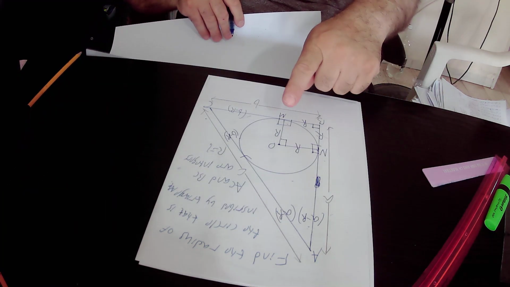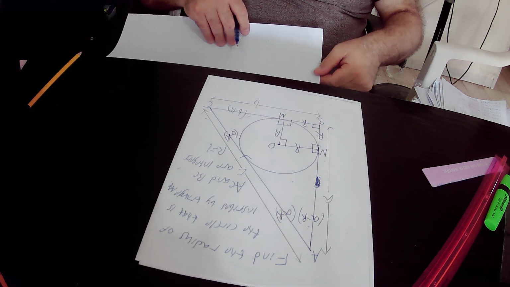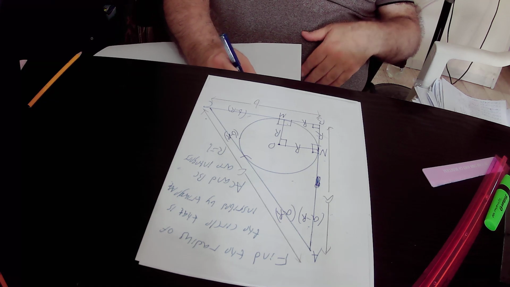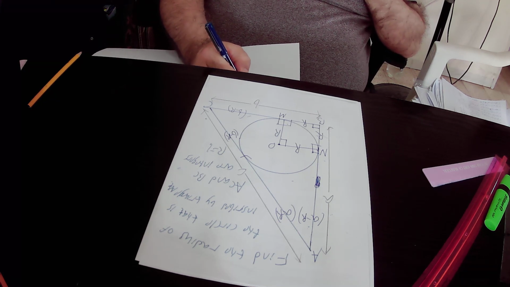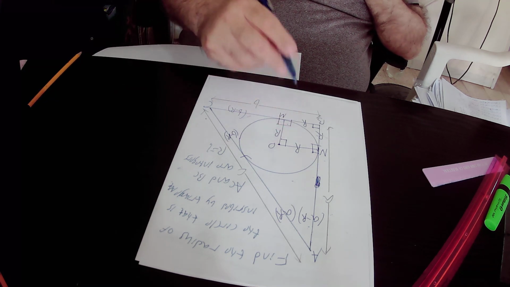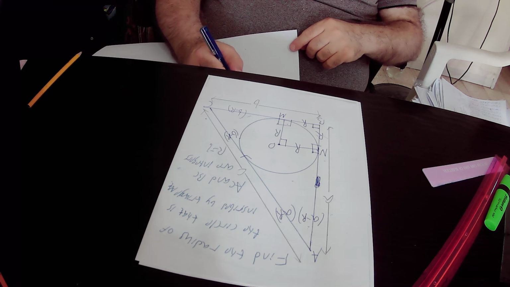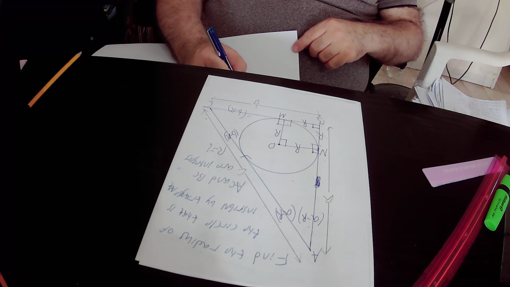According to our definition, AC equals C, so we substitute AC by C. And it is equal to AL plus LC, where AL equals A minus R, so we substitute AL by A minus R.